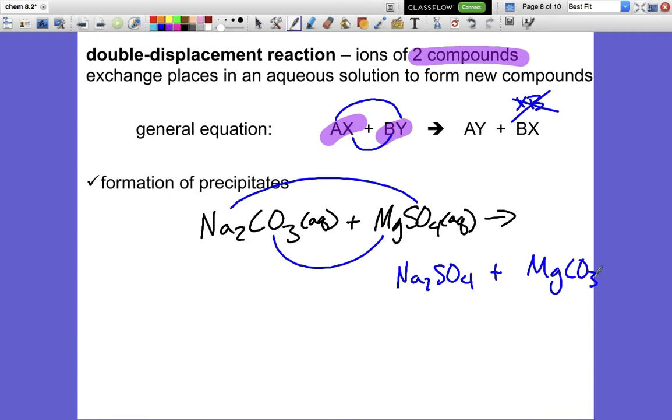But we knew that a reaction occurred in this case because we saw a precipitate. Our precipitate in this case was that magnesium carbonate. I know that because sodium is always soluble, and so is sulfate. So that was definitely going to be an aqueous part of our solution still. Those two ions, sodium and sulfate, were still dissolved in the water.